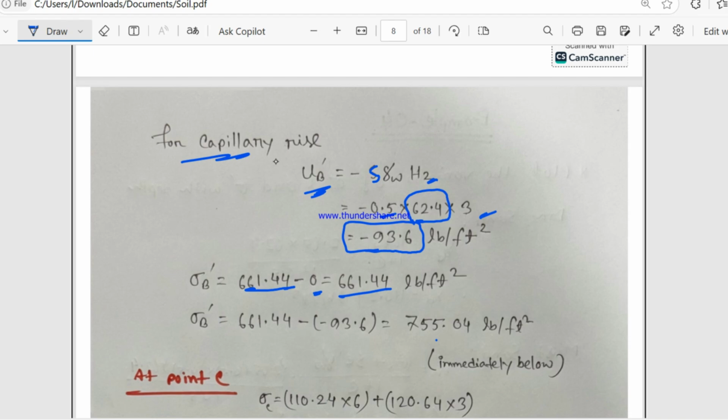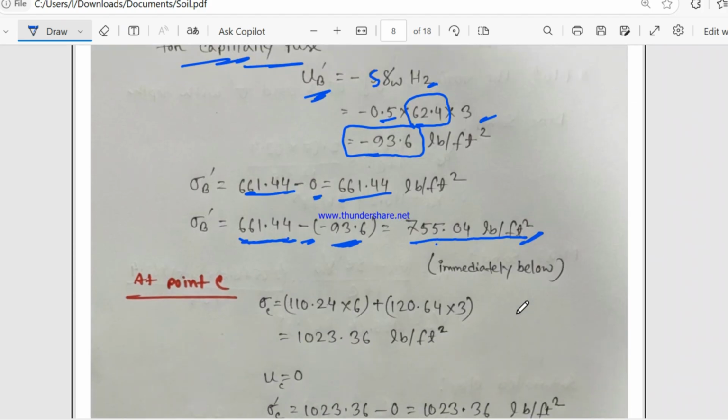And for capillary rise, sigma B prime, the effective stress, will be 661.44 minus pore water pressure. This value will be 755.04 pound per feet square. This is the immediate value at the point.